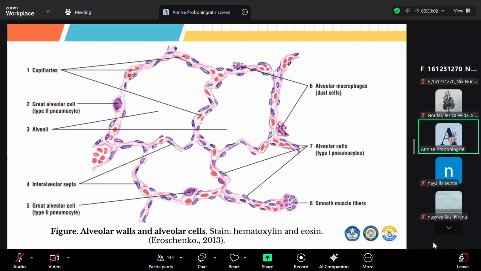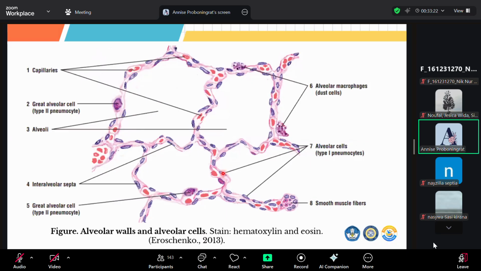So there are many blood capillaries in the septa alveolaris, and then the type 1 pneumocyte, or these are the alveolar cells.